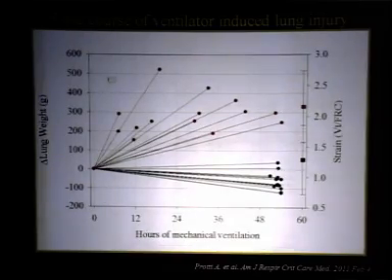In a healthy pig, this kind of strain, about 1.5, corresponds to a ventilation of about 35 milliliters per kilo. And we know in man 12 is a disaster.